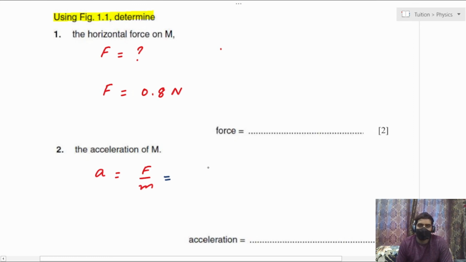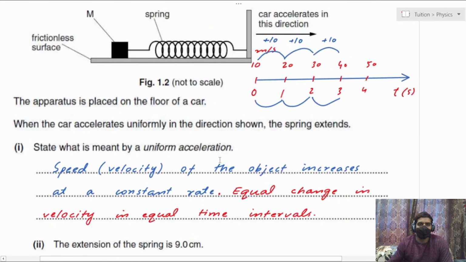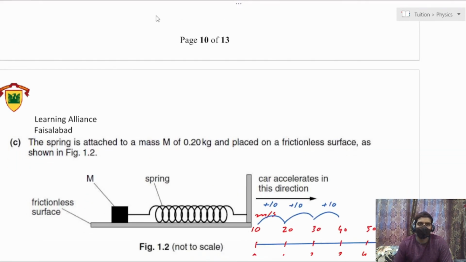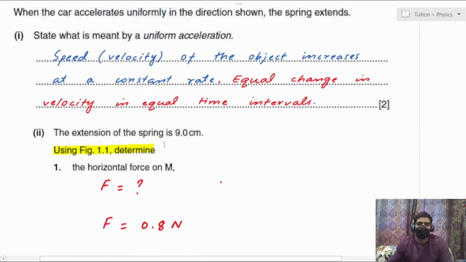Force being 0.8 and mass was given in the starting sentences as 0.20 kilograms.